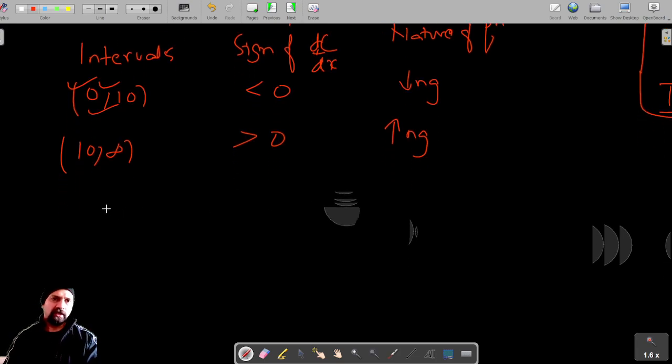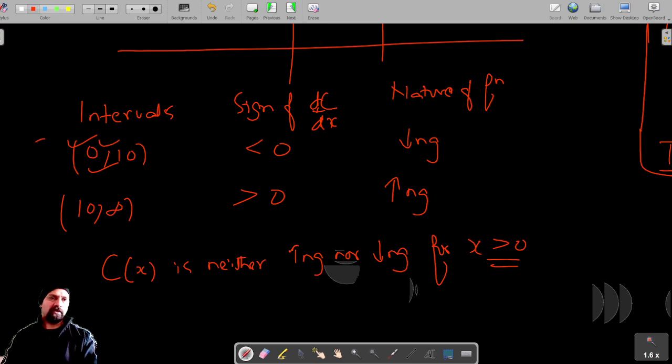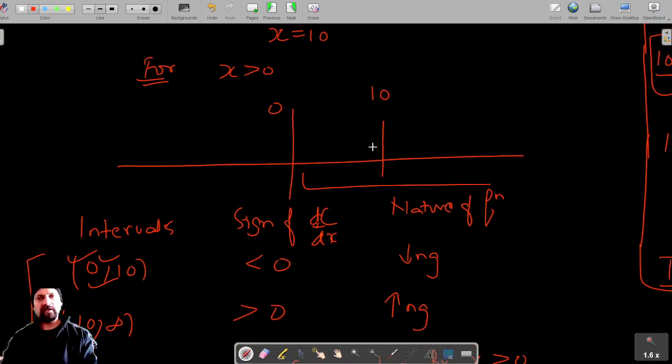So this means that function c of x is neither increasing nor decreasing for x greater than 0, because we have to check for x greater than 0 and both these intervals are x greater than 0.